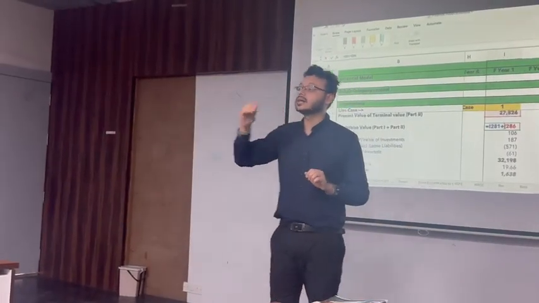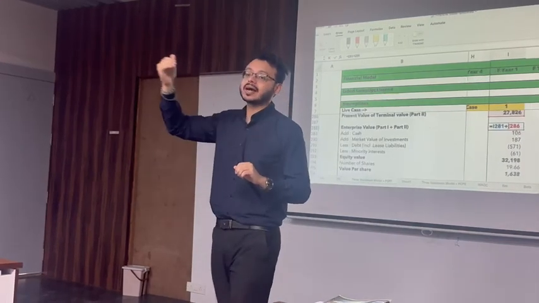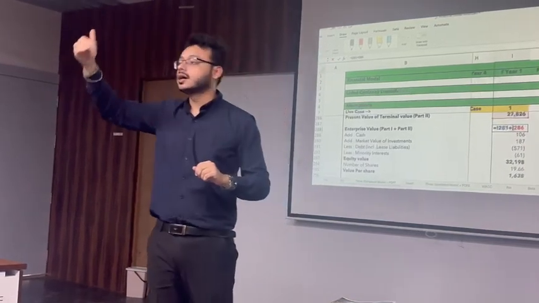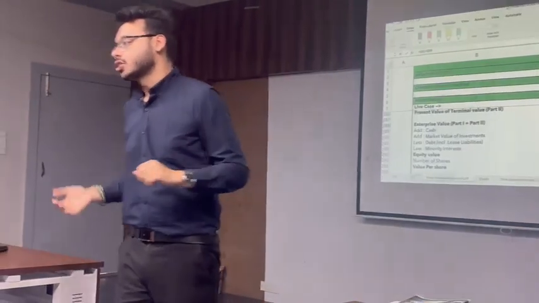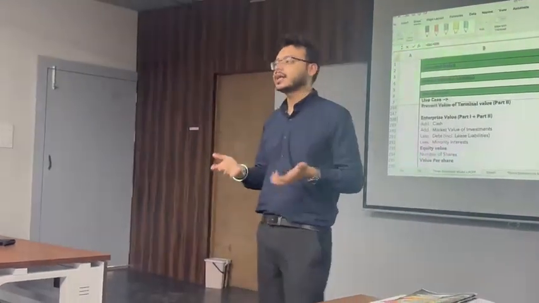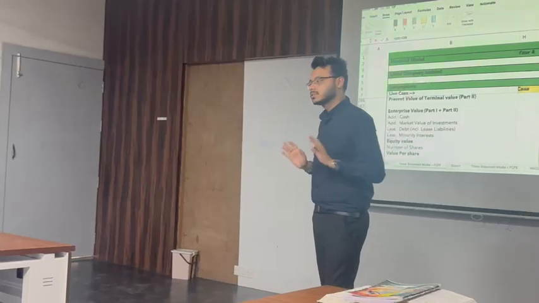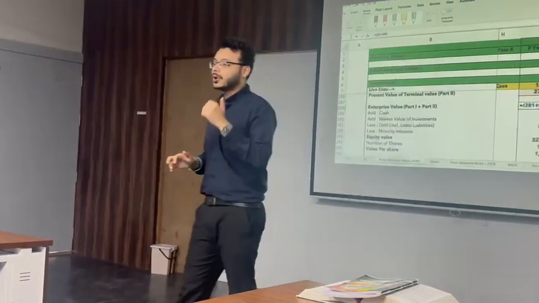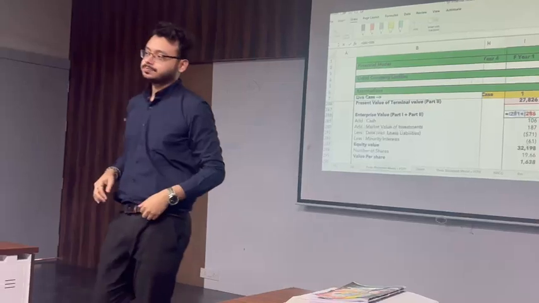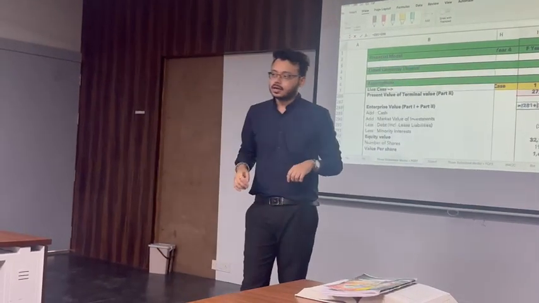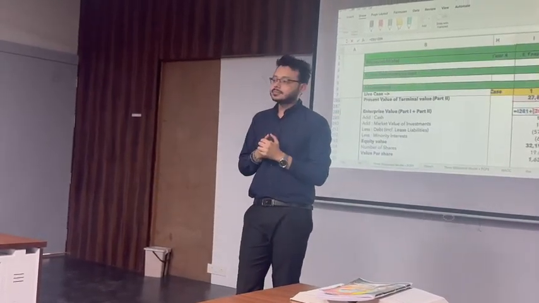But the higher earnings are supported by higher price movement as well, and higher future terminal value growth as well. My price to earning multiple will still be high. So you cannot say that 20 is cheap or 10 is cheap or 5 is cheap. Correct? So we need to understand valuation models. These types of questions can be asked to you. Correct? So that is something we need to understand.